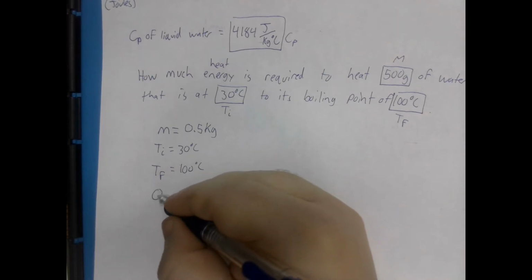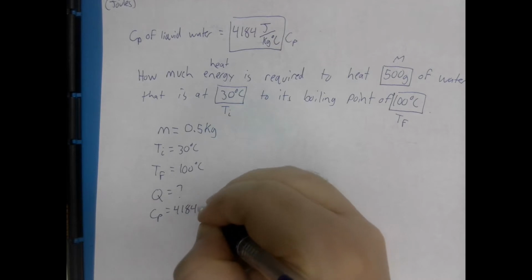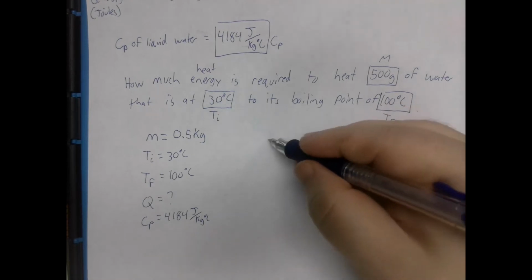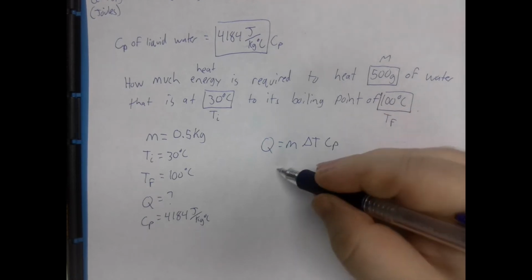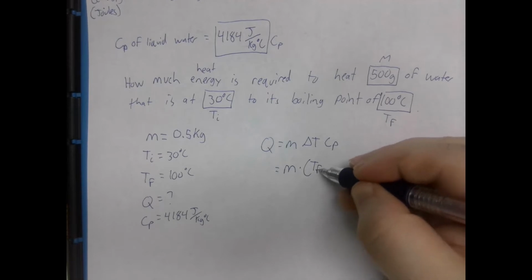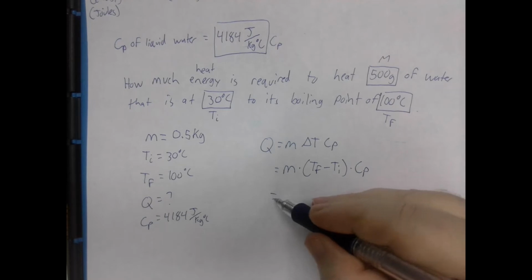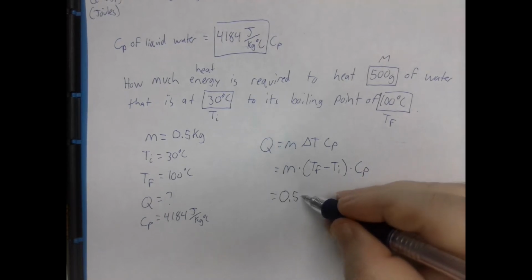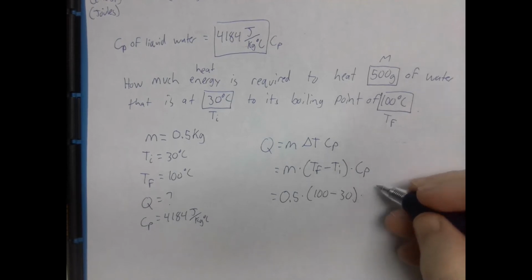And we're looking for Q with a CP of 4,184 joules per kilogram degree Celsius. So Q is equal to mass times change in temperature times CP. We can expand that already: mass times final temperature minus initial temperature times CP. So that would be 0.5 times 100 minus 30 times 4,184.